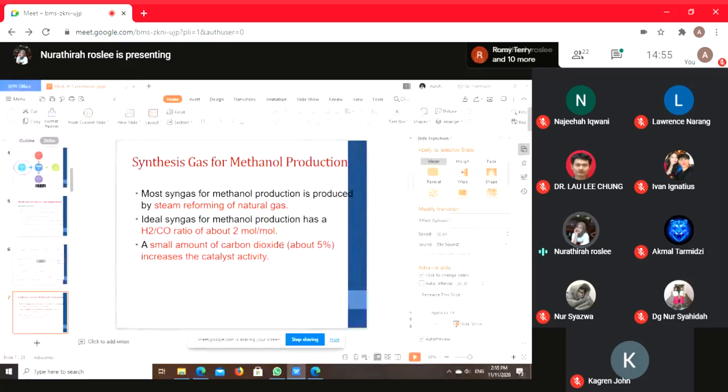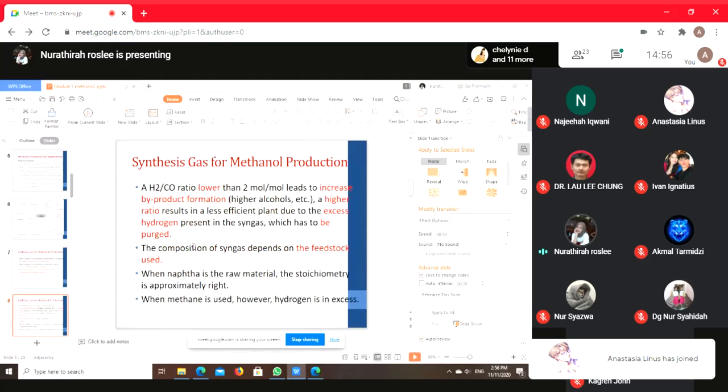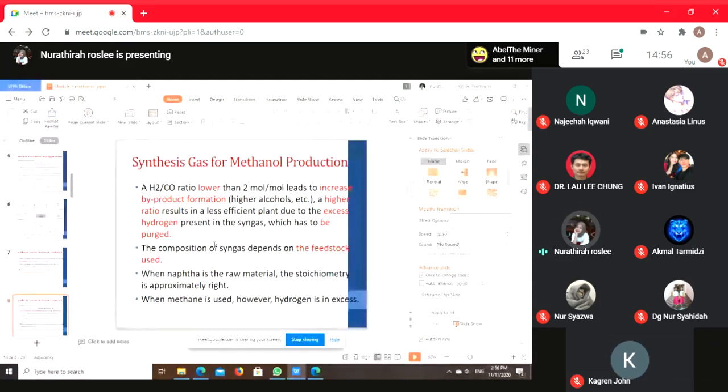A small amount of carbon dioxide, about 5%, increases the catalyst activity. An H2 per CO ratio lower than 2 mol per mole leads to increased byproducts, which are higher alcohols. A higher ratio results in a less efficient plant due to the excess hydrogen present in the syngas, which has to be purged. The composition of syngas depends on the feedstock used.